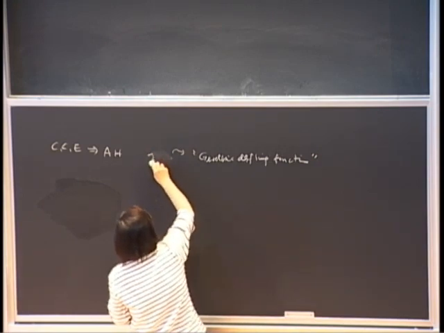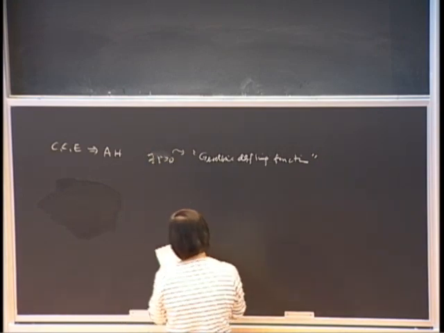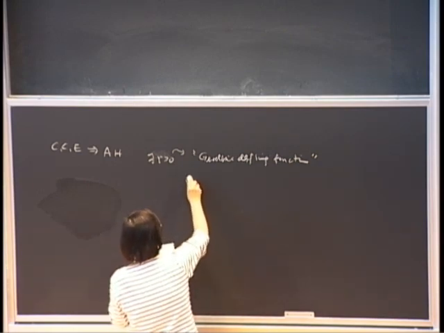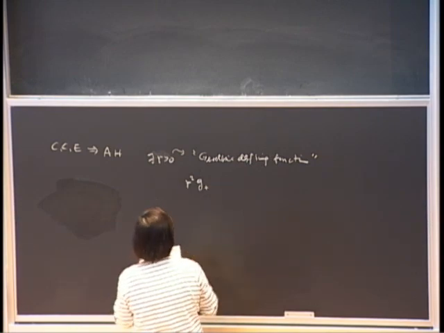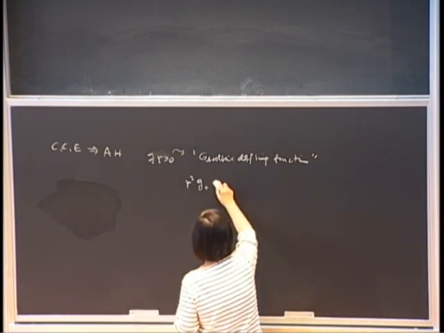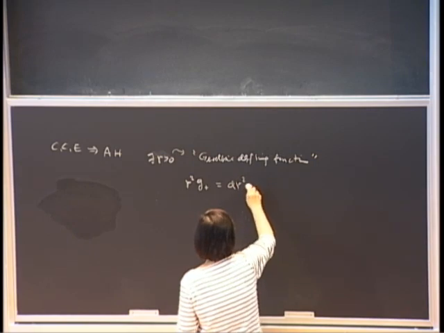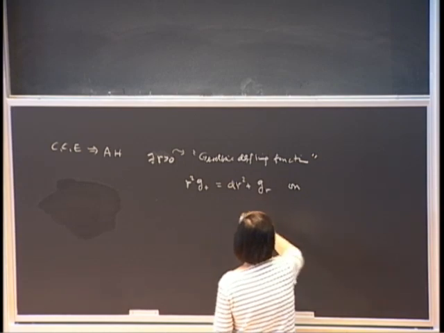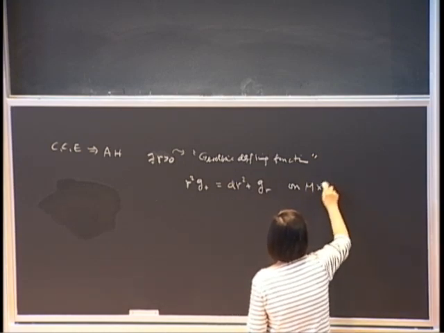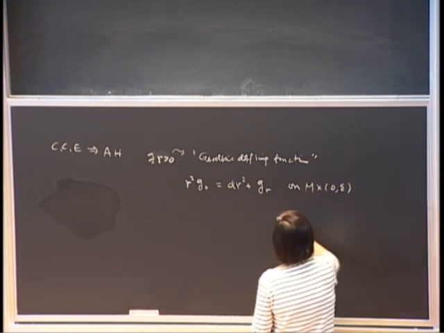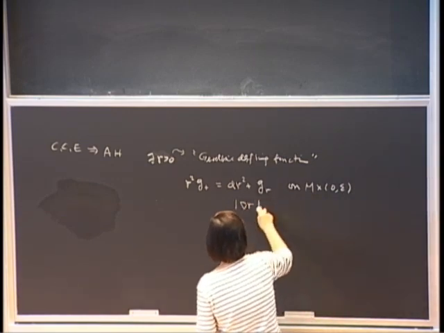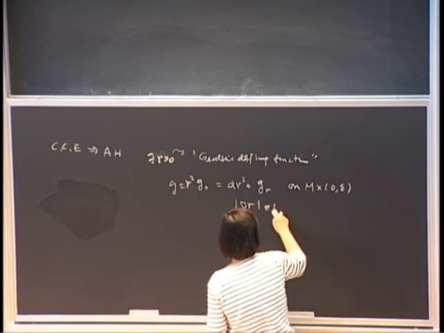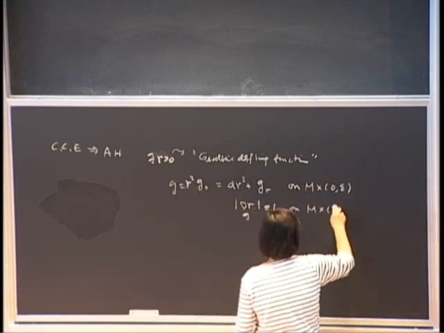There exists R, which is a geodesic defining function, such that if it's a CCE manifold, then R squared G plus, in this distance function, in a neighborhood of the manifold is totally geodesic on M cross (0, epsilon), and such that the gradient of R in this metric G is equal to 1 on M cross (0, epsilon).